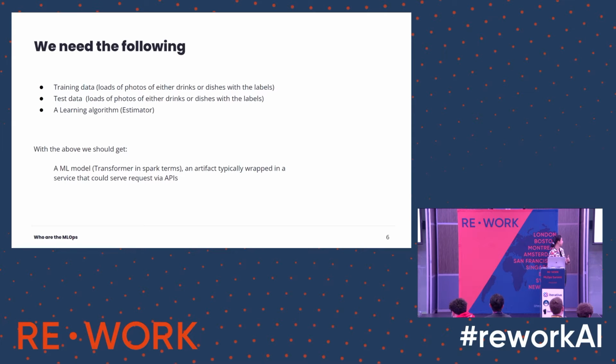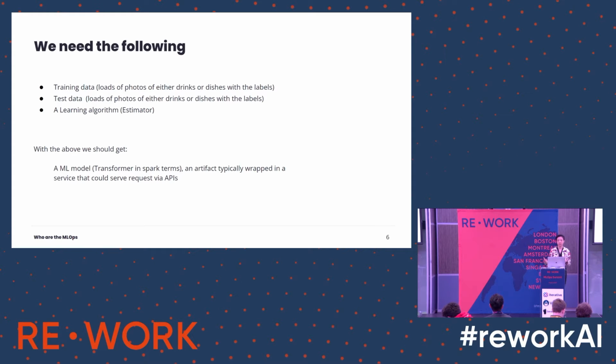that are served in a cafe, we would probably need the following: the training data, meaning the user uploaded photos, the test data, again also user uploaded photos but maybe users have already labeled them, and then we would need a learning algorithm. Throughout the presentation, you'll probably see that I have some of the terminology written in a Spark specific way, like an estimator.